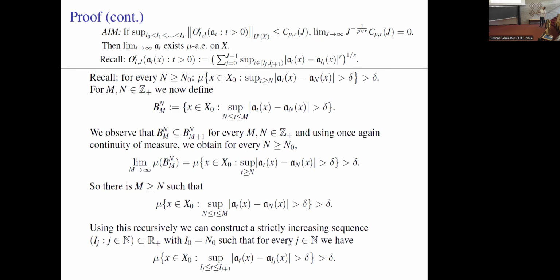Okay, so this is the last line from the previous slide. So now I would like to introduce, so I know how the supremum behaves, but in the definition of the oscillations, I have intervals. So what I want to do is put the restriction in T from above, in order to get intervals.